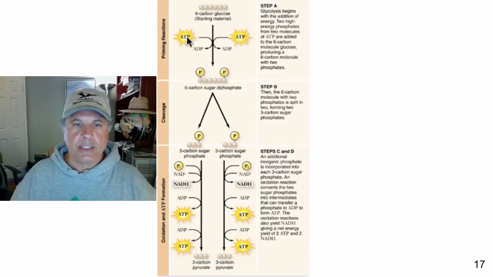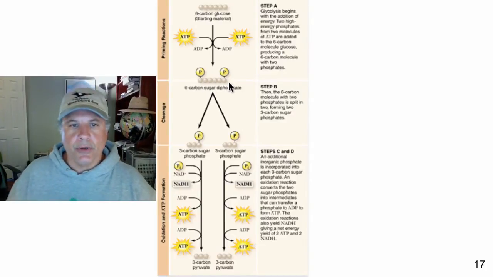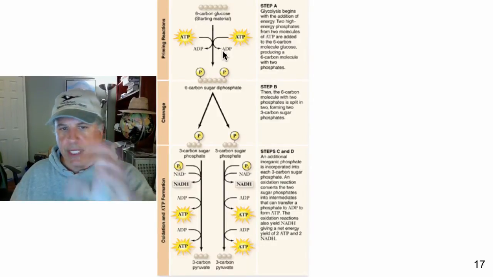We use ATP, donating phosphates from ATP, yielding ADP, to phosphorylate a 6-carbon sugar. We start with glucose, a 6-carbon sugar, and convert it to other 6-carbon sugars, which are phosphorylated twice. So ATP is invested, in a way. We're putting energy into the system at the beginning.